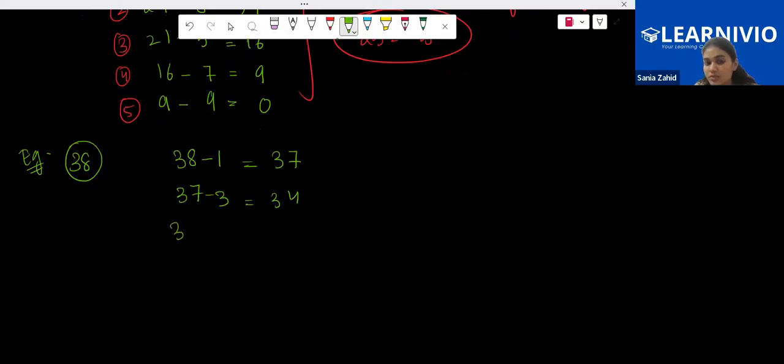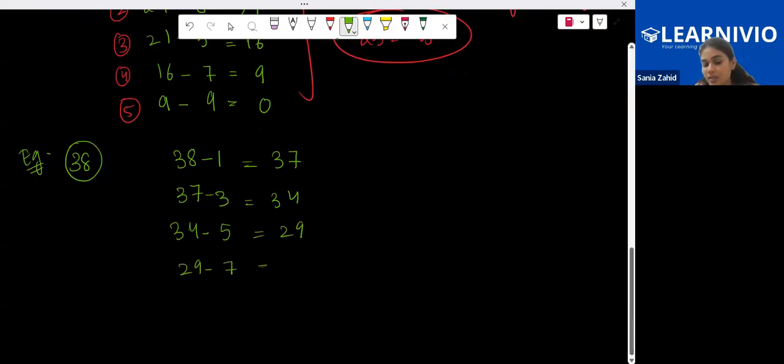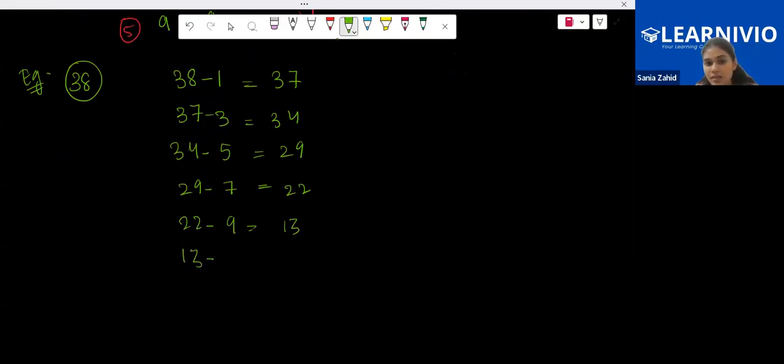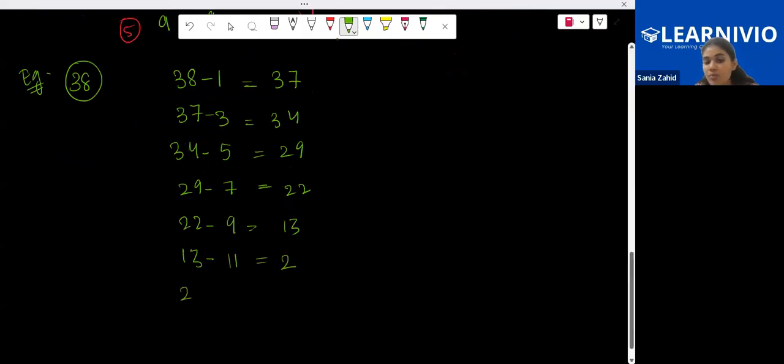Then 34 minus 5 gives me 29. 29 minus 7 gives me 22. 22 minus 9, 13. Then 13 minus 11 gives me 2. And 2 minus 13, what does this give me? It gives me minus 11.